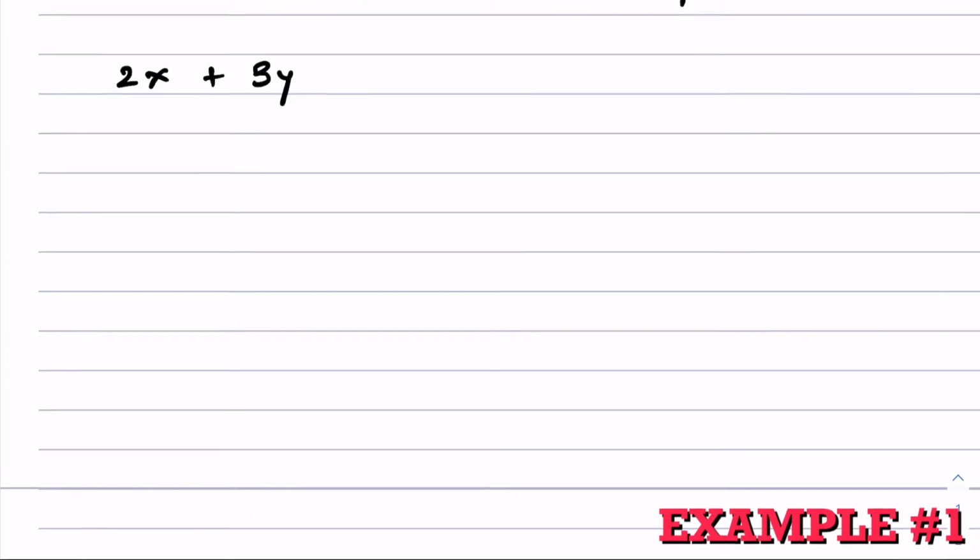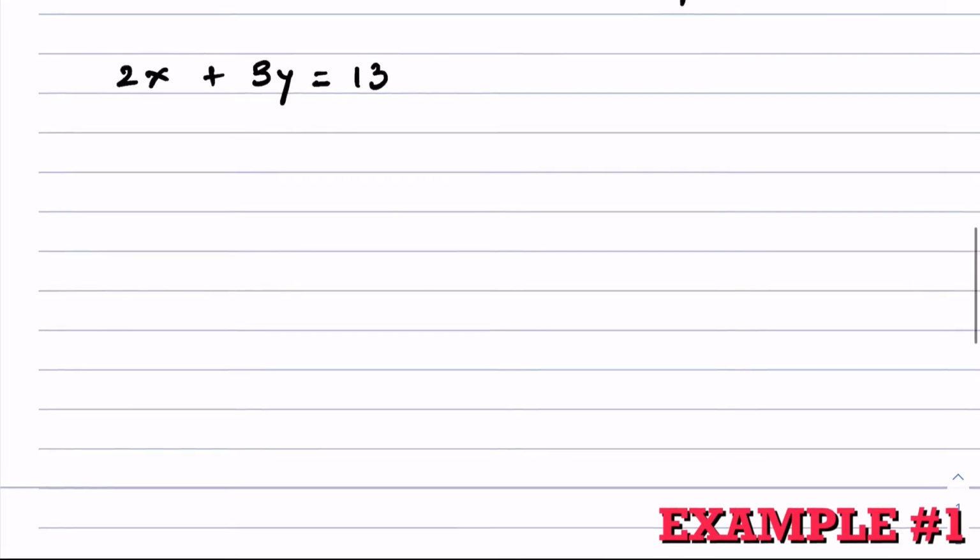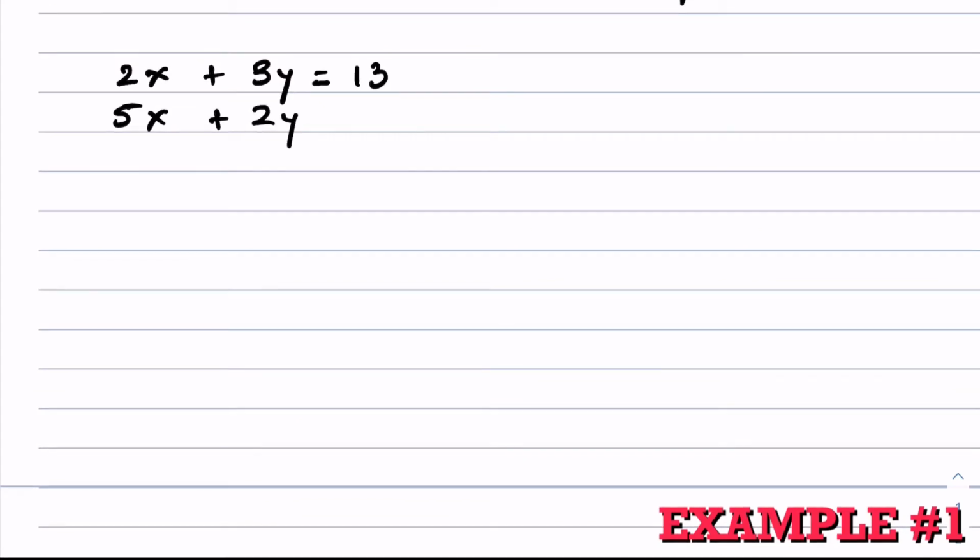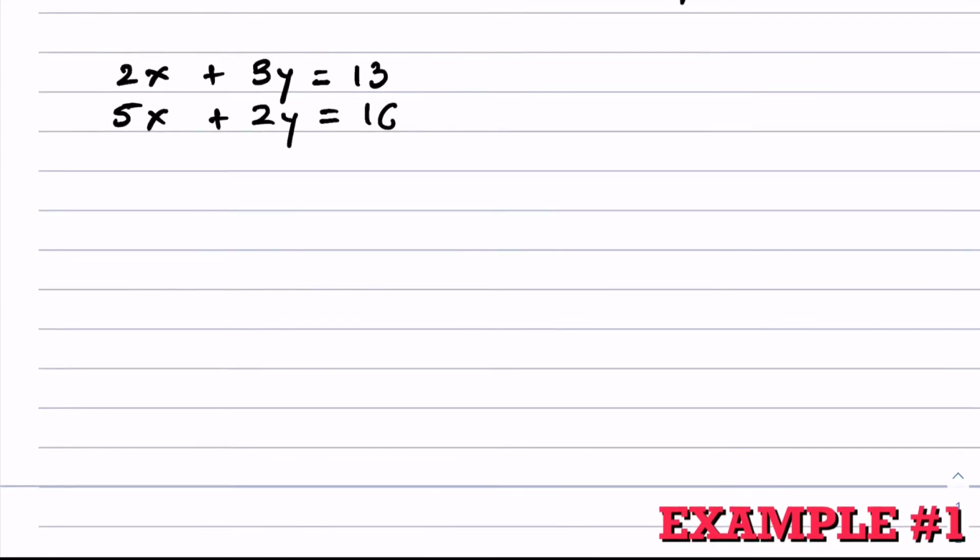So let's apply the elimination method to solve simultaneous equations. I have the first linear equation, 2x plus 3y equal to 13, and another linear equation, 5x plus 2y equal to 16.